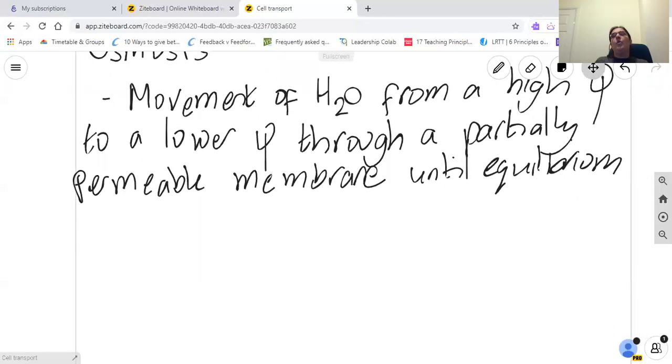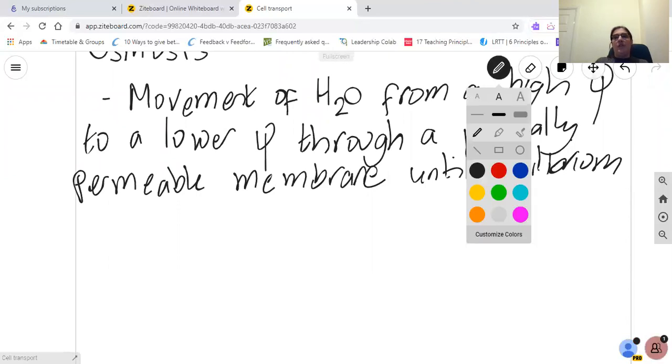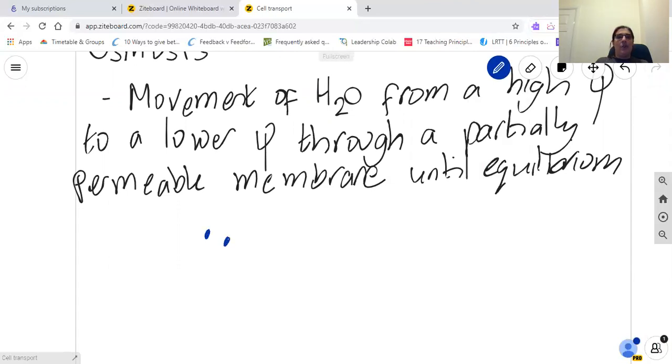So what do we mean by high water potential, low water potential? That's really important. So high water potential is basically as it suggests. It's the willingness of water to move. So if you imagine a solution composed only of water, that's got a lot of water molecules in it. The water potential is what we call 0.